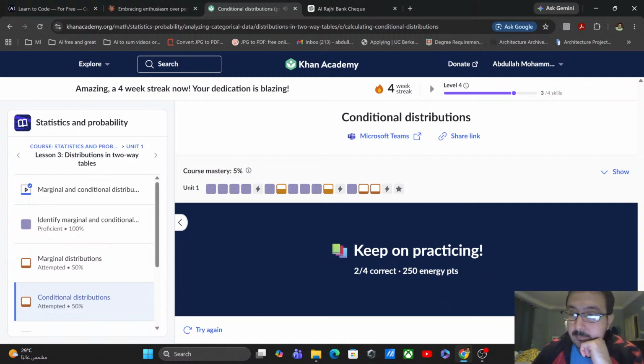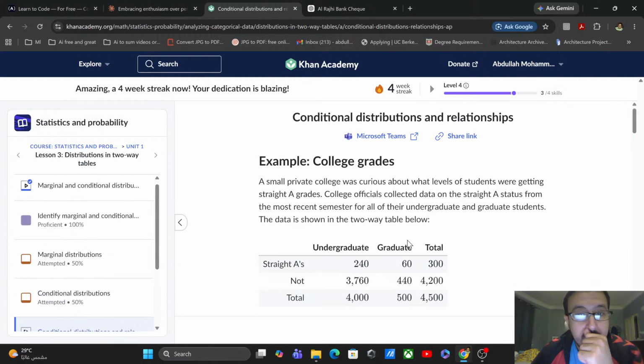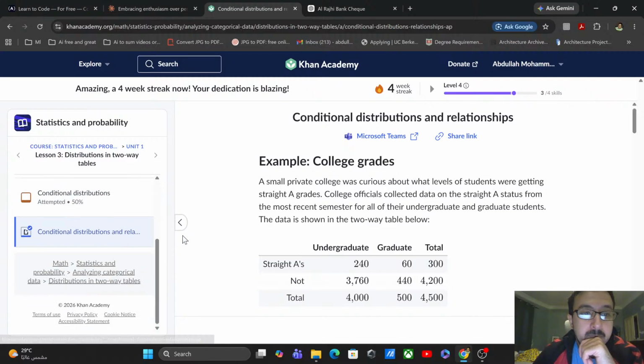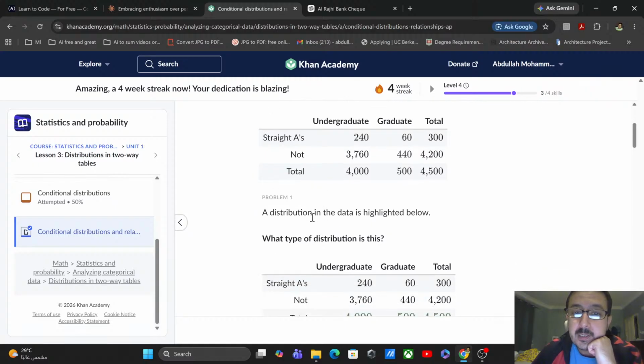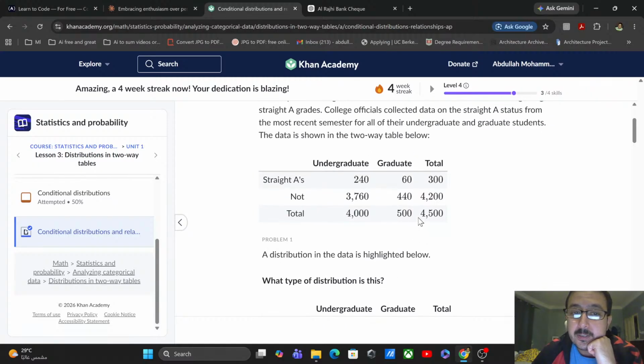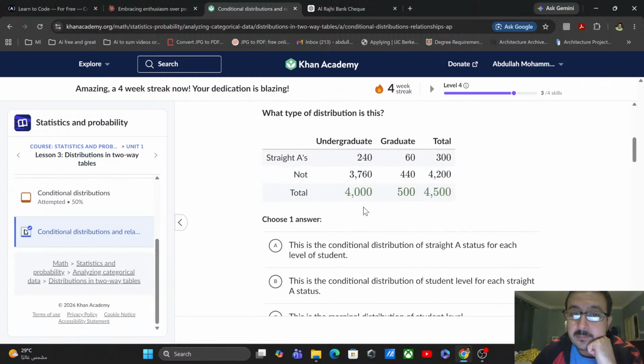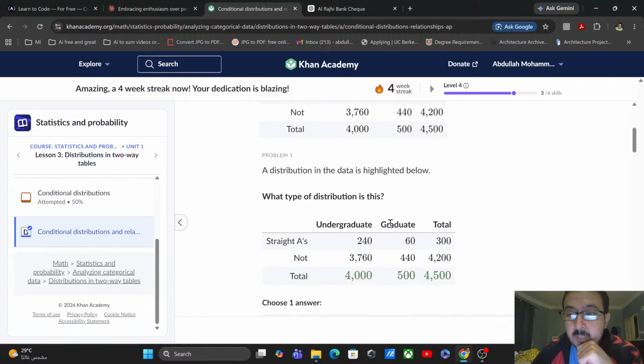Distribution and relationships, college grades. Okay. Distribution of the data is highlighted below. Quiz.